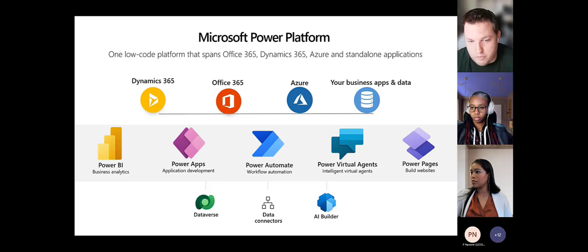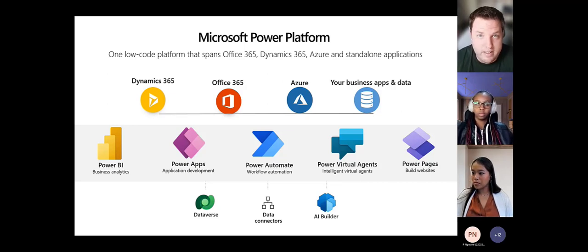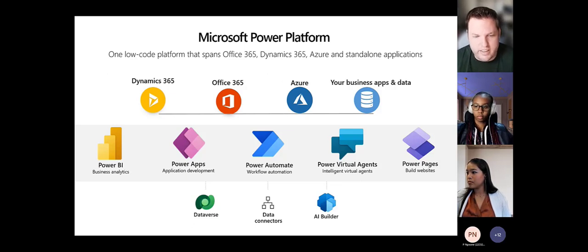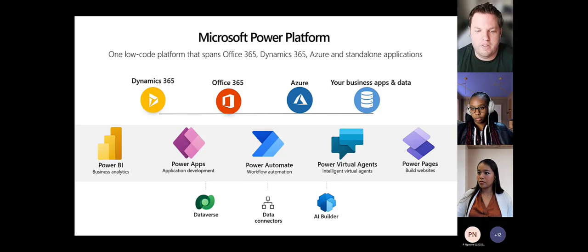So that's how I always explain it. Power Automate is all about workflow automation. And there's two types of workflows that you can create. You can create cloud flows, and that's the type of workflow that uses all kinds of cloud services. You can use all the data connectors there, the 800 plus data connectors that I talked about. Those are in cloud flows.